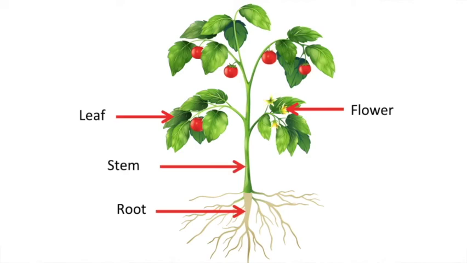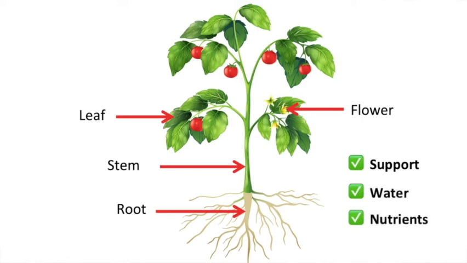Stem. The stem of a plant provides support and helps to keep the plant upright. This is important because plants need to stay upright in order to absorb sunlight. The stem is also required for nutrition of the plant.